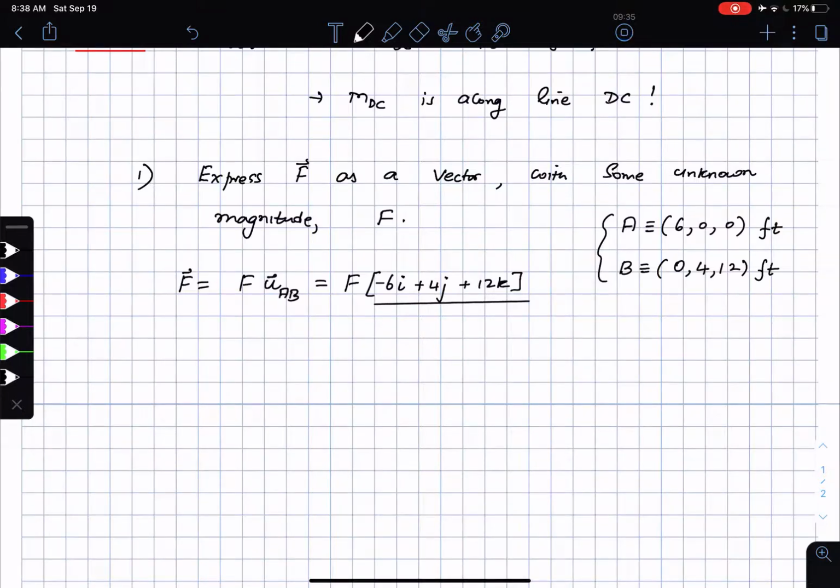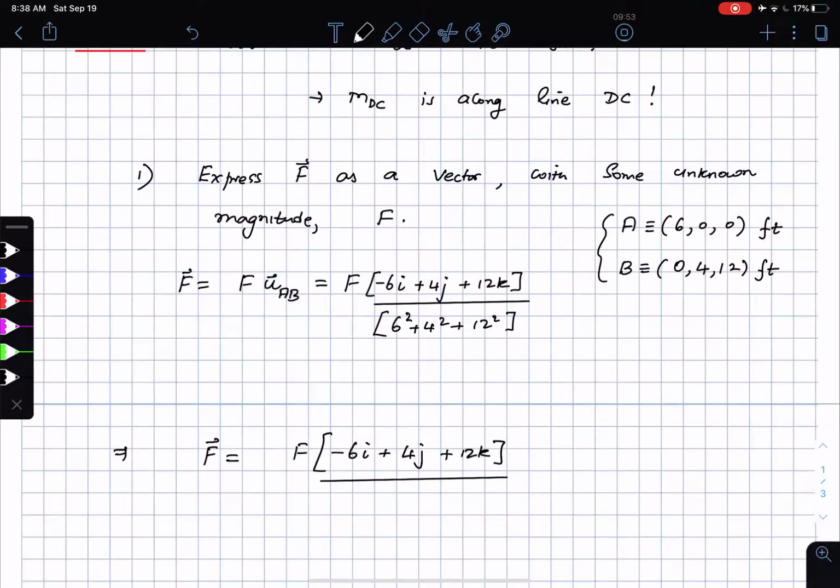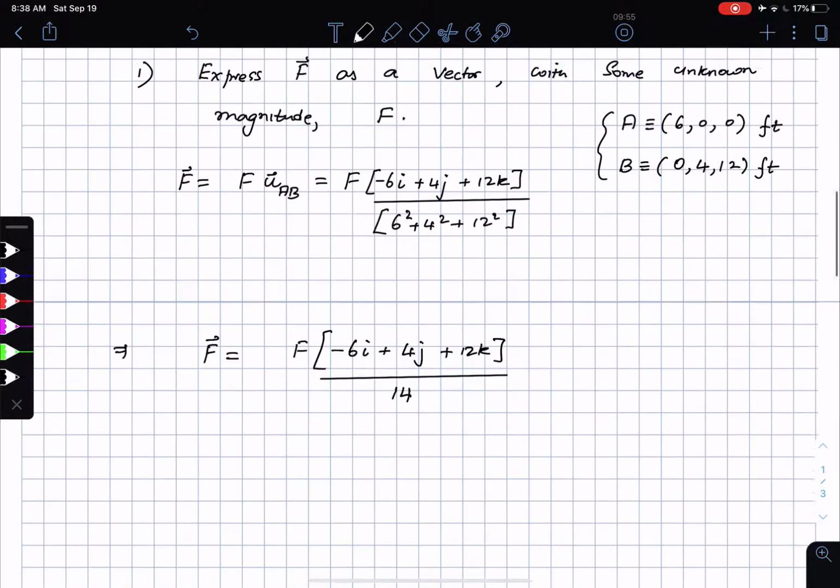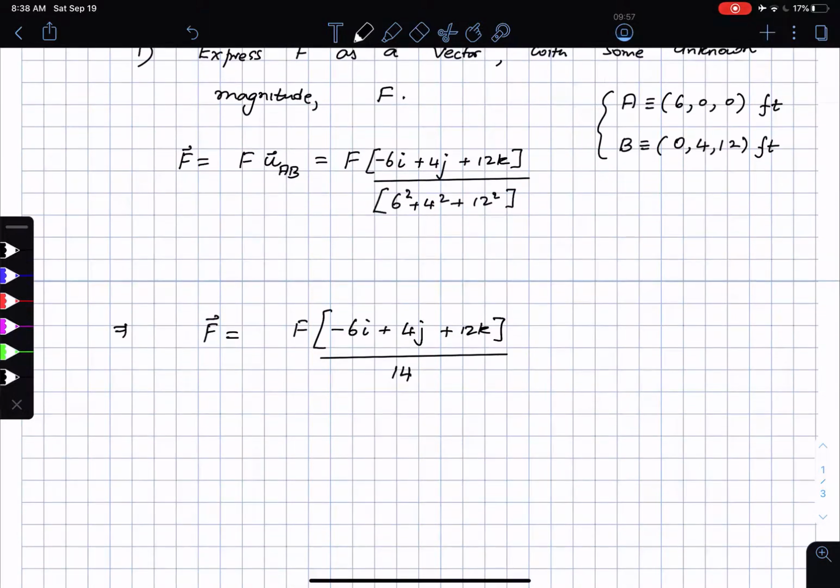So let me write it out: 6 squared, 4 squared, and then 12 squared. Which tells me that the force F is F times minus 6i, plus 4j, plus 12k, all of this divided by 14. So this is the force as a vector.